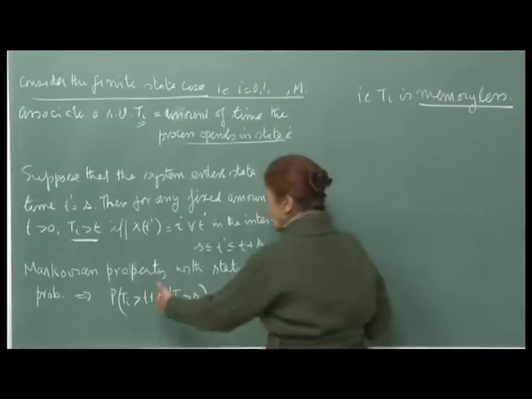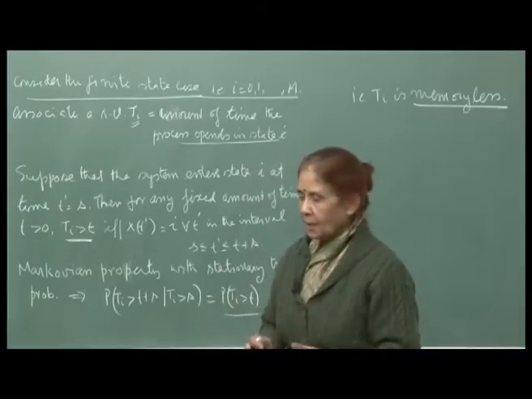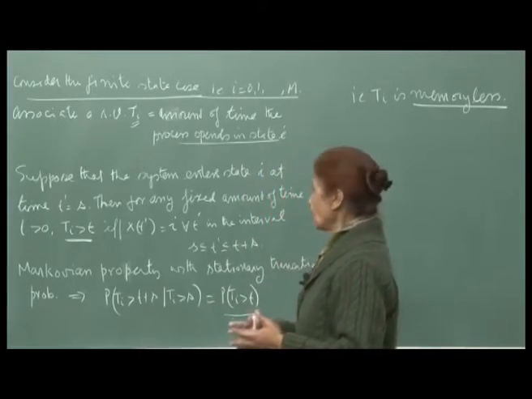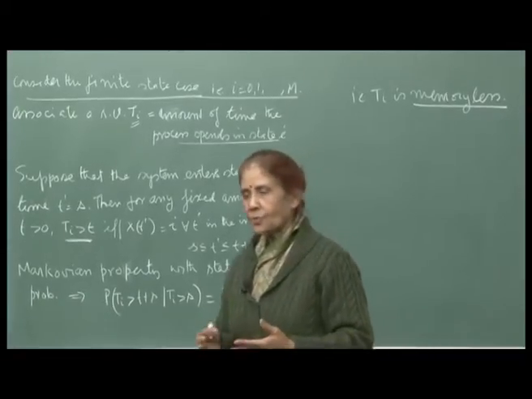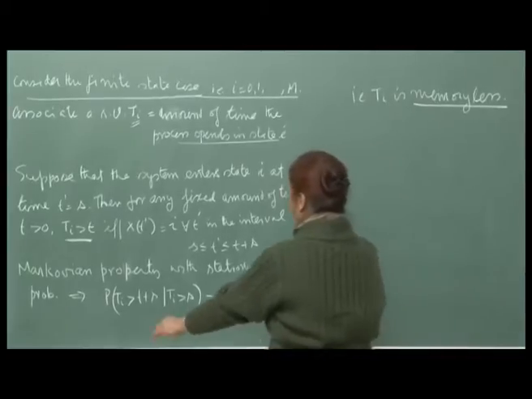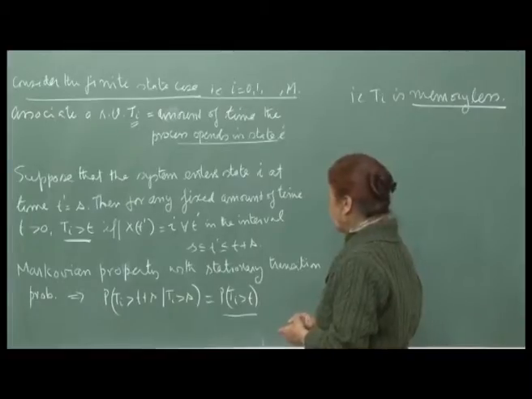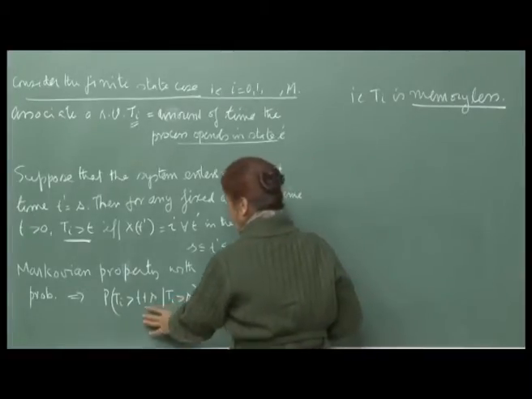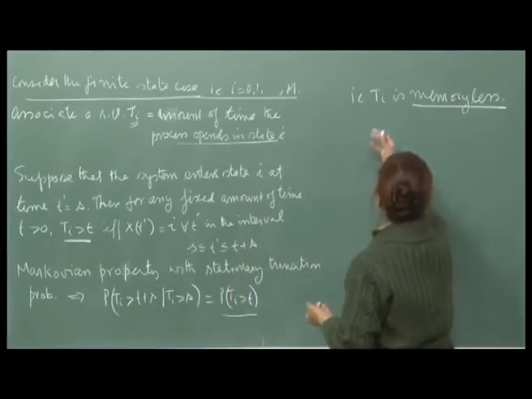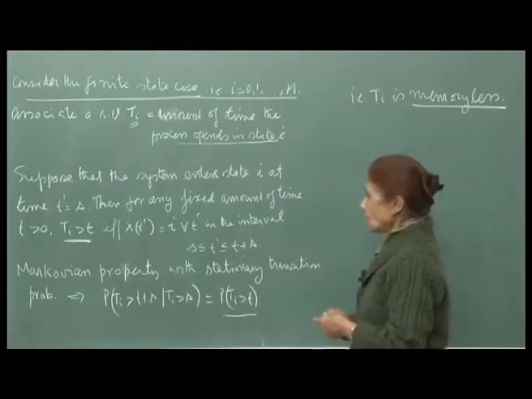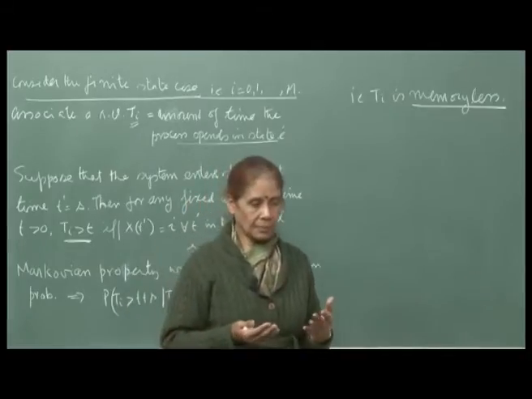Because of the course level, I could not prove the reverse, that any distribution having a memoryless property has to be negative exponential. I did not prove that part, but maybe later on, when you do an advanced course, you can see how that property is proved. So, in any case, since this is a Markovian process with memoryless property, T_I will have a negative exponential distribution.